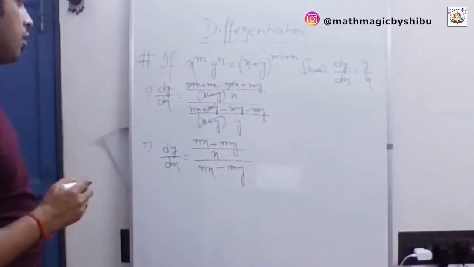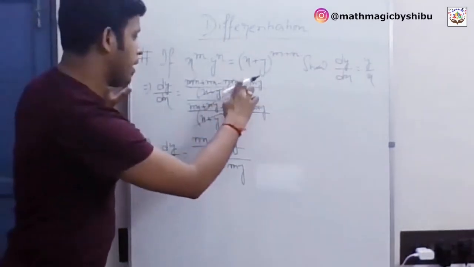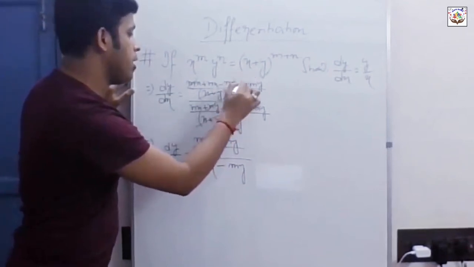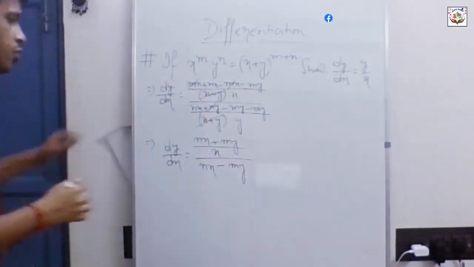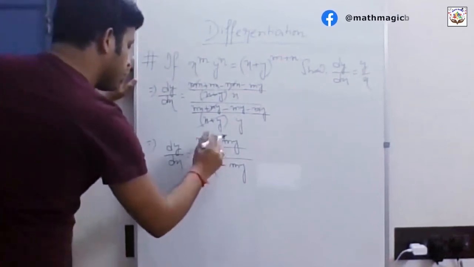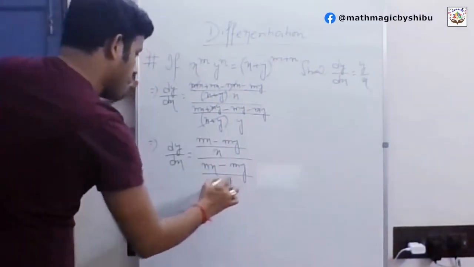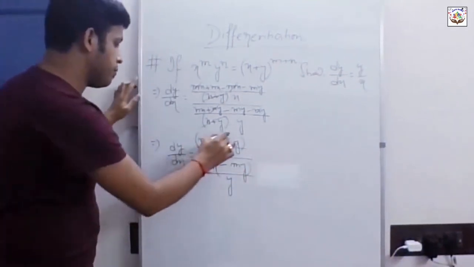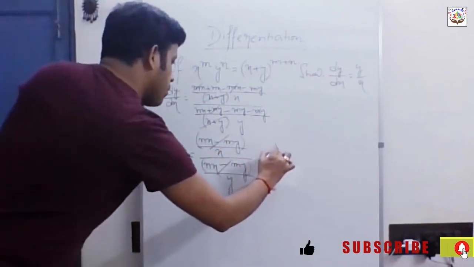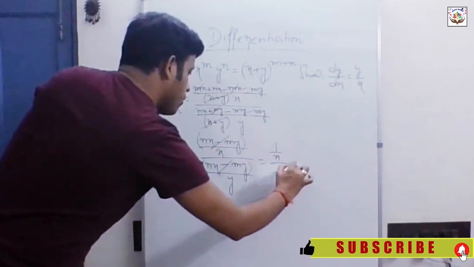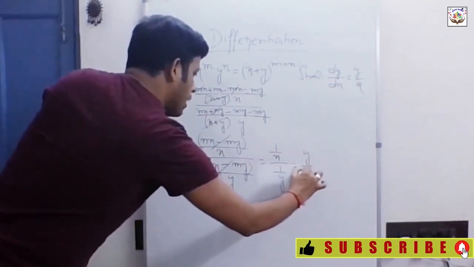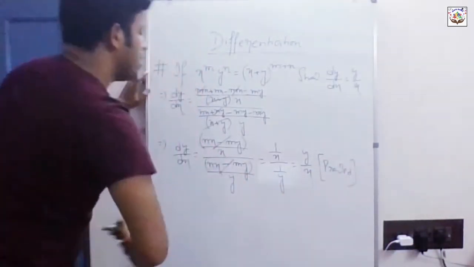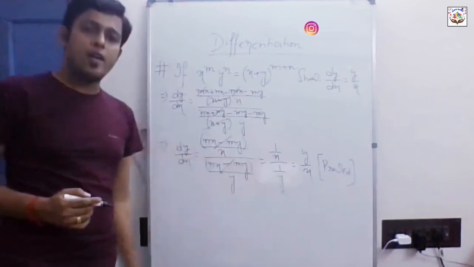Sorry, it would be minus. Okay, so from here we can get 1 by y, so we can cancel out this part from both the numerator and denominator. So what we are left with is 1 by x by 1 by y. So it will be y by x. Hence we have proved that from the given expression the derivative can be found as y by x.